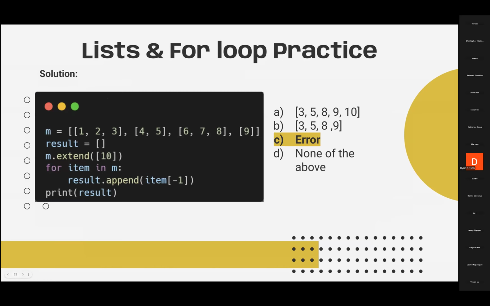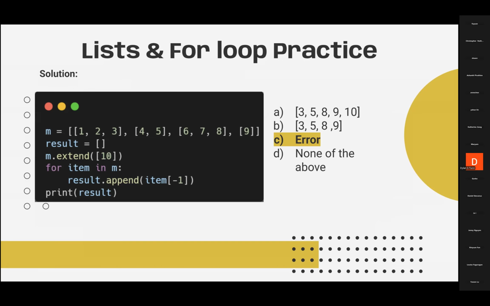Why is it C? Because we extend M by a list only containing 10. Since it's extend instead of append, the last element of M now is not a list, but just the number 10.